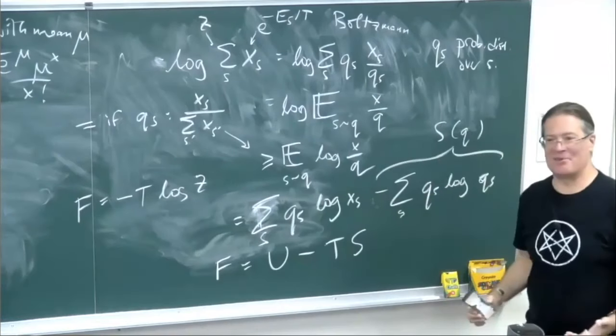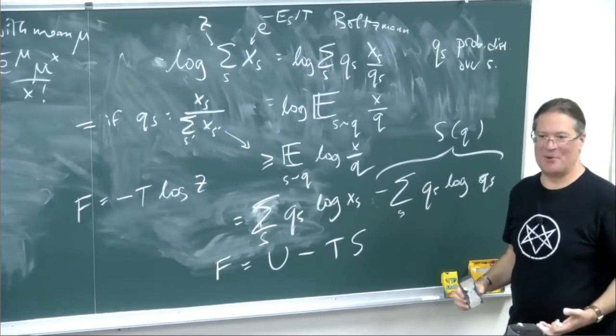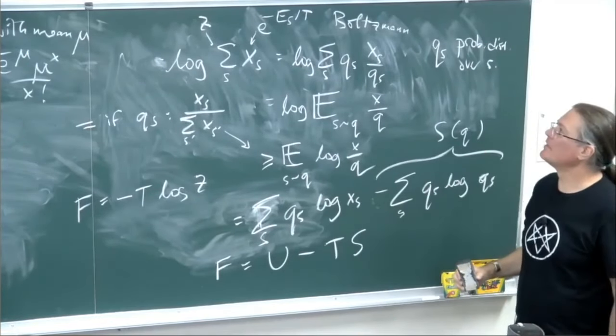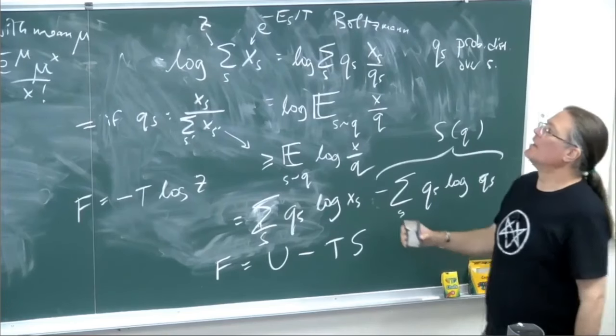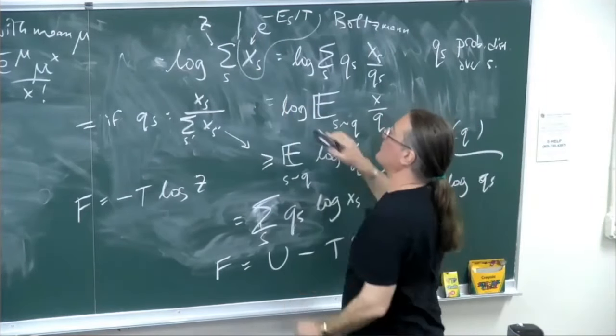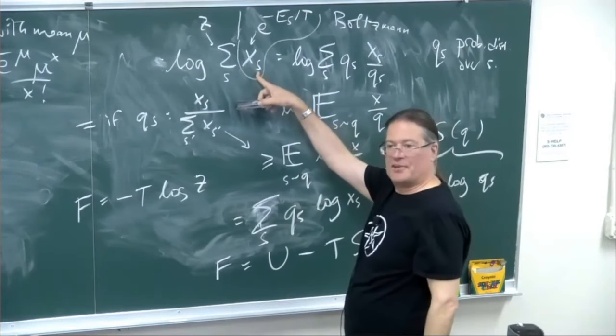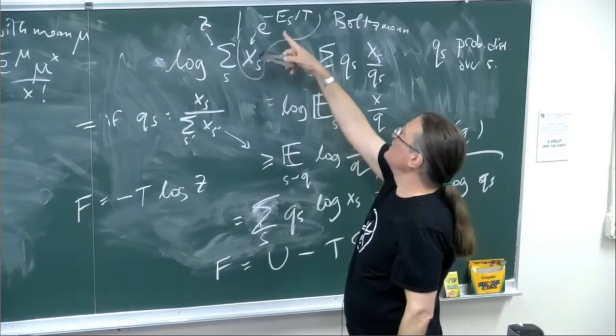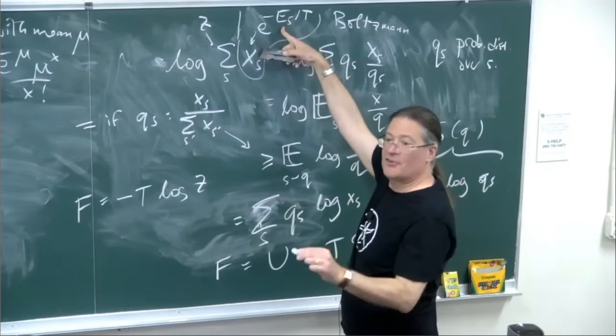I don't want to belabor this, but do you want me to go? The negative E sub s is pointing just to the X sub s, just this term. So S refers to a particular state the system could be in. E sub s is the energy of that particular state.